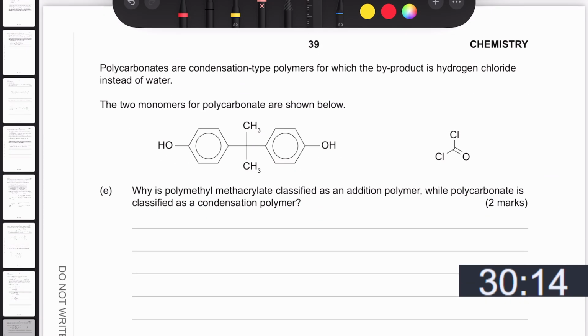Polycarbonate is formed by condensation, for which the byproduct is hydrogen chloride instead of water. The monomers are shown below. PMMA is classified as an addition polymer, while polycarbonate is classified as a condensation polymer.